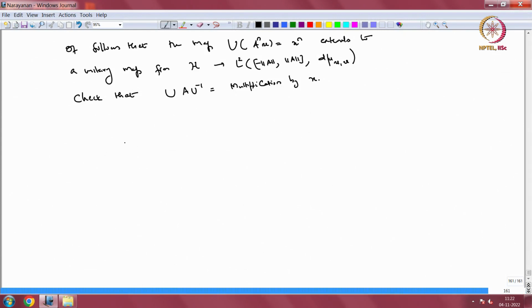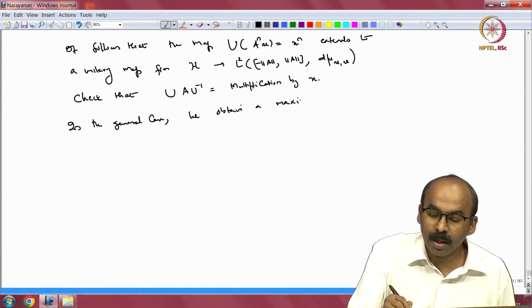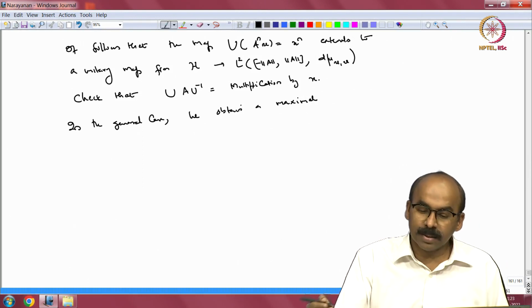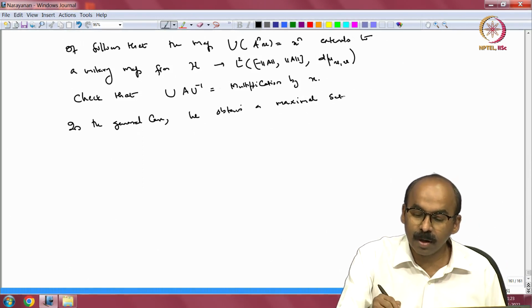Okay. So, in the general case, what do we do? We obtain a maximal set of orthogonal vectors Vi. Here the Hilbert space is separable, so you will get a countable collection.